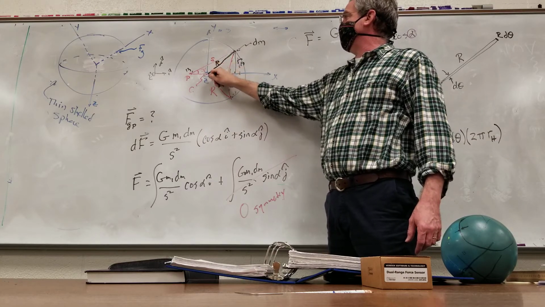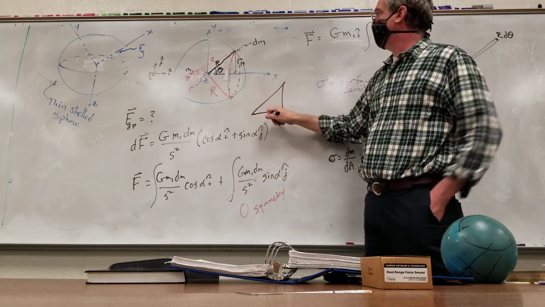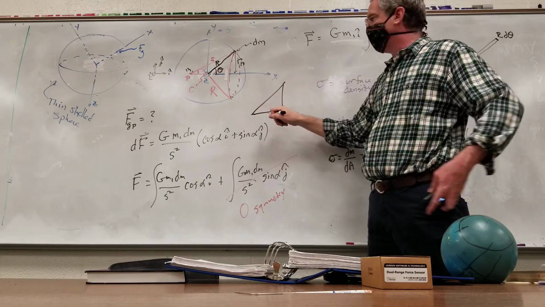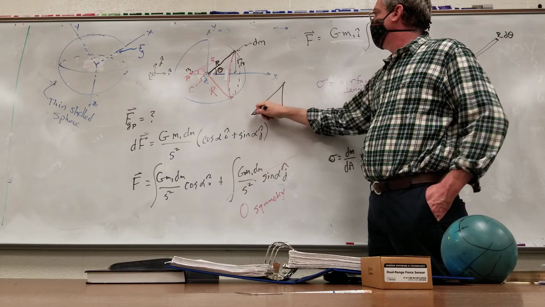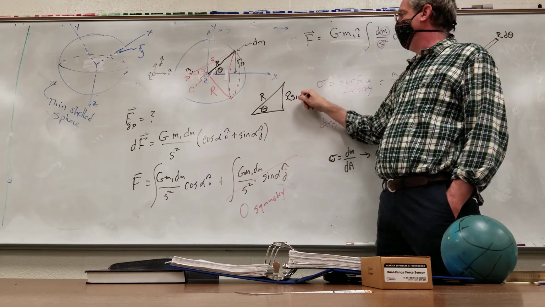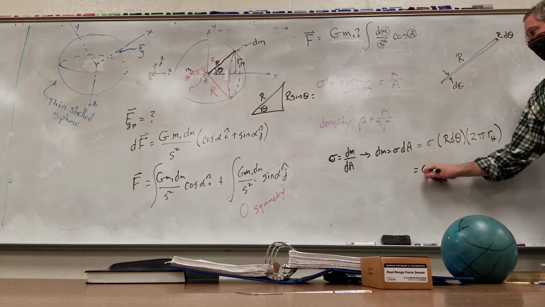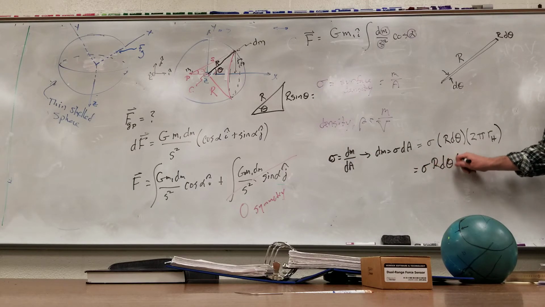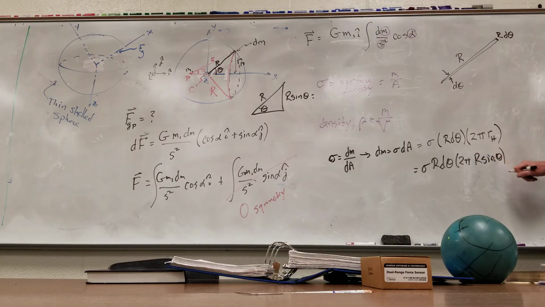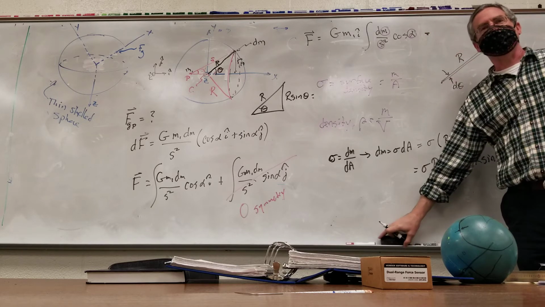I have this angle theta here, and so if we look at just that triangle, this would be r sine of theta. So that would be the radius of the hoop. And so this becomes sigma r d theta, 2 pi r sine theta.